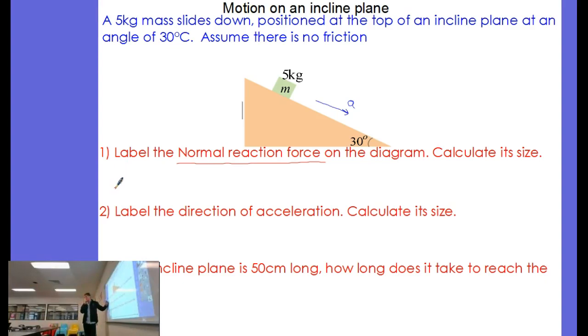Perpendicular to what? To the incline or the direction of motion, absolutely. So the normal reaction force has to do with the surface here pushing back up on the block of mass. And that is out this way at 90 degrees. There's our normal reaction force.